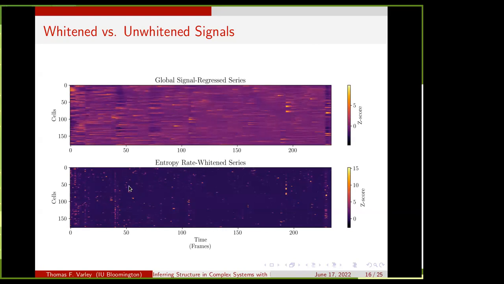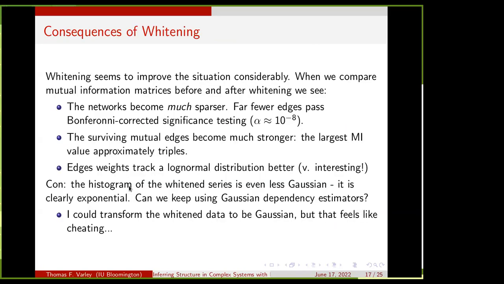But anyway, there are a few consequences of this whitening that I want to be upfront about. It seems to improve the situation considerably on many axes. I'll show you some matrices in a moment, but the networks become much sparser, which is good because we talked about how autocorrelation can cause spurious edges. The surviving edges become much stronger, which I didn't really anticipate, but seems like a good thing.